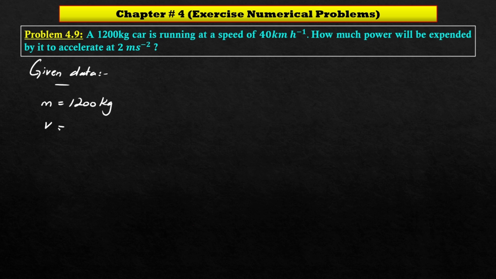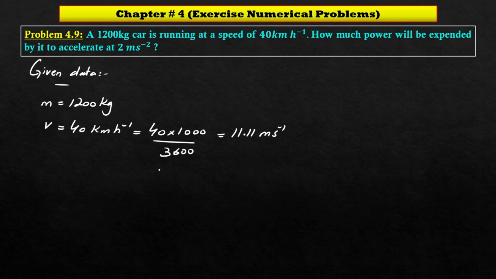So velocity of the car is 40 kilometer per hour, which is converted into meter per second by multiplying it by 1000 and dividing by 3600. It is equal to 11.11 meter per second. How much power will be expended by it to accelerate at 2 मीटर पर सेकेंड?